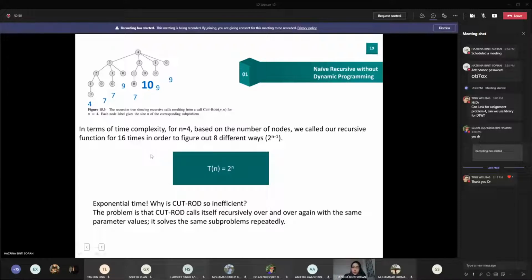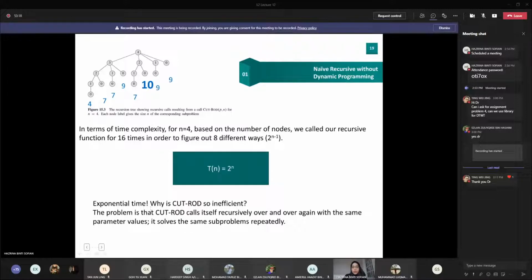So we can say that we call our recursive function 16 times in order to figure out 8 different ways, which is 2 to the power of n minus 2 to the power of n minus 1. So this is exponential time.